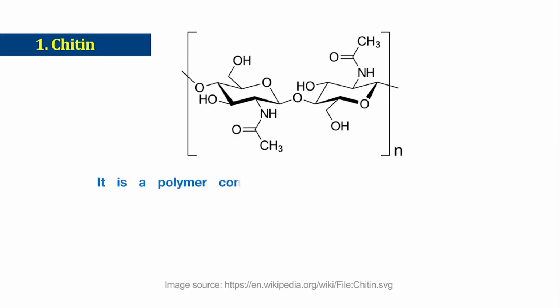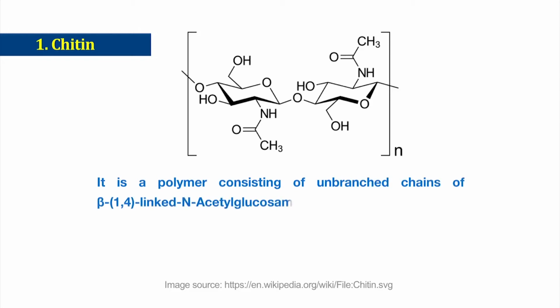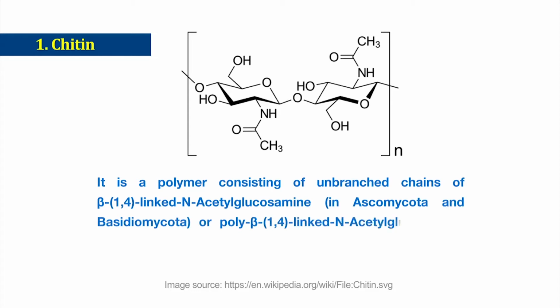Chitin is a polymer consisting of unbranched chains of beta-1,4 linked N-acetylglucosamine in Ascomycota and Basidiomycota, or poly beta-1,4 linked glucosamine or chitosan in Zygomycota.